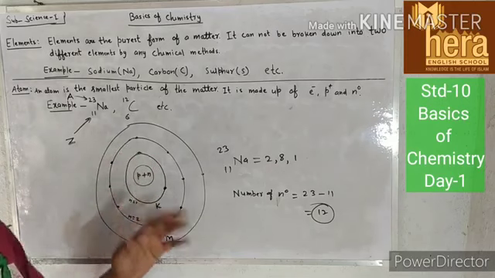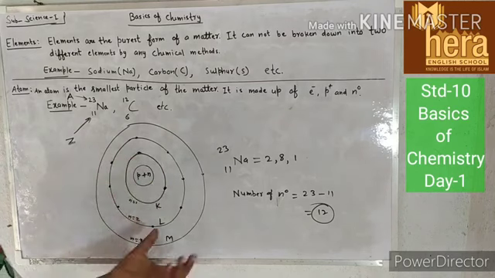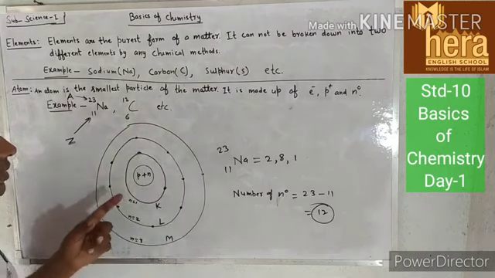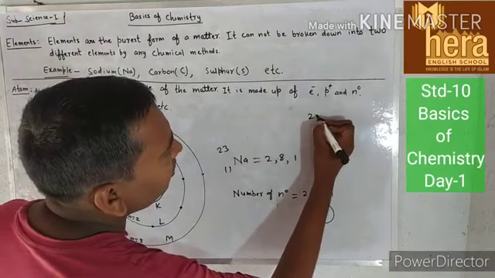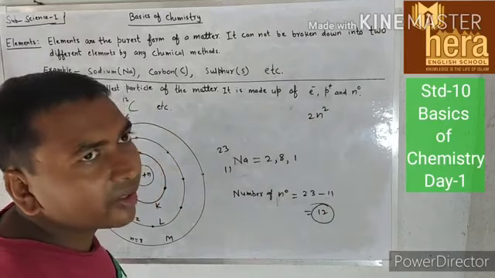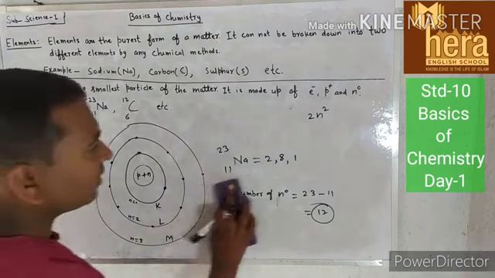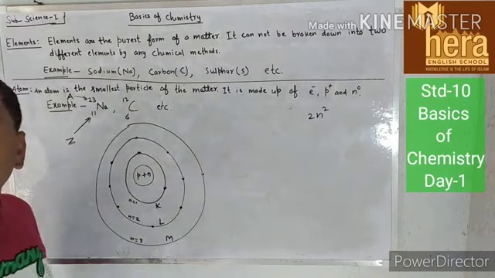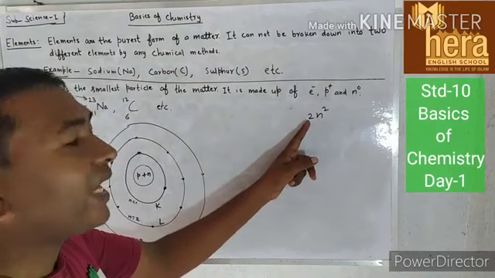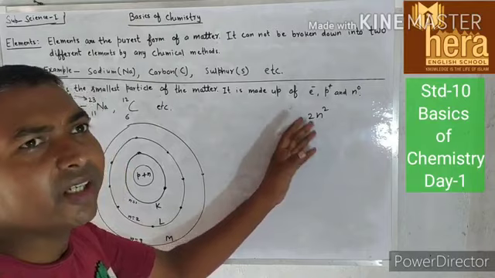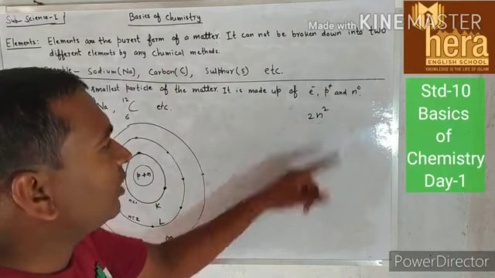Every orbit has its capacity to contain electrons, and that is given by 2n square. Understood? This is the formula to find the maximum capacity of any orbit or shell. How many electrons they can contain, you can find with the help of this formula.